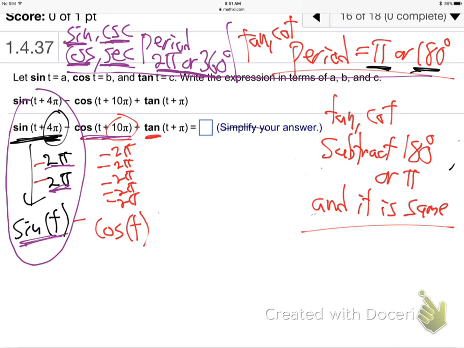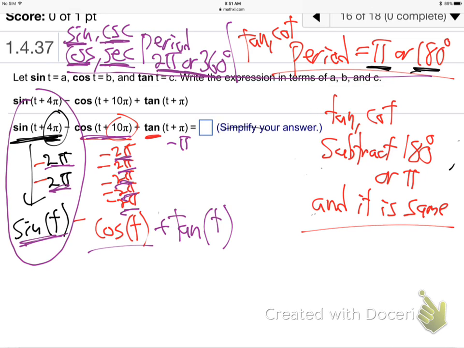And same thing for cosine. He just repeats himself, so I'm just going to subtract 2 pi's. Get to this. Same value. Didn't change it. And tangent, what am I going to do for tangent? I'm going to subtract the pi from him, because he repeats himself more frequently. Tangent repeats himself every pi, every half a circle, every 180.